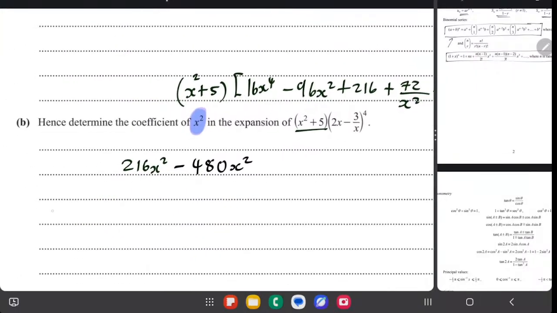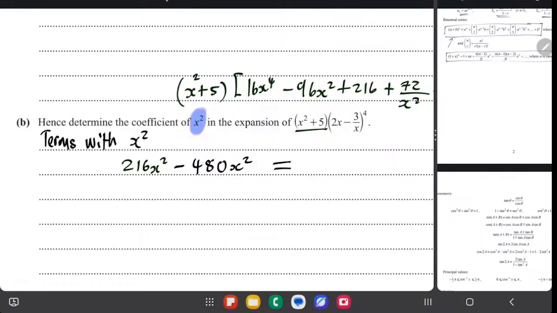So we will say coefficient. So here these are terms with x squared. You can write it like this. So you can add, you can subtract them.